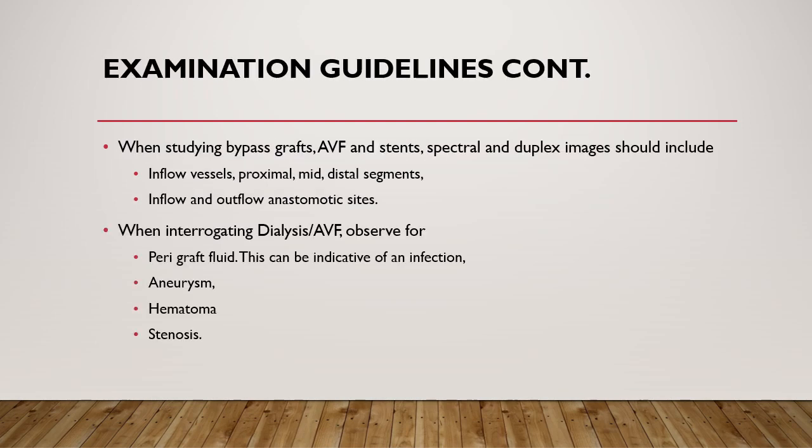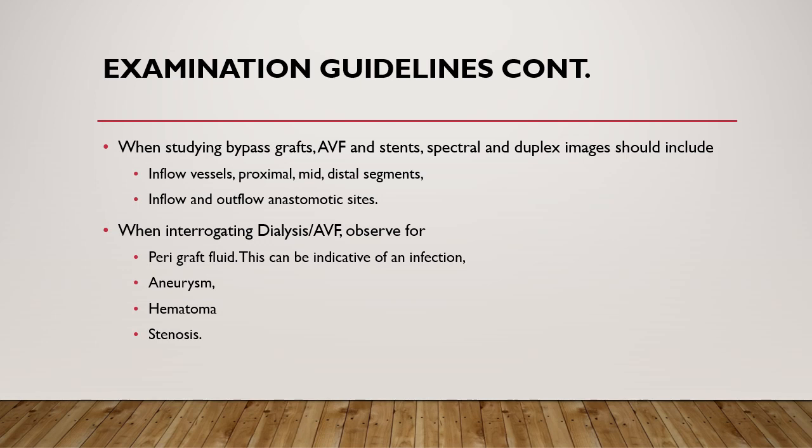When studying a bypass graft, AVF, and stents, spectral and duplex images should include inflow vessels, proximal, mid, and distal segments, inflow and outflow anastomosis sites. When interrogating the dialysis graft or fistula images, you want to make sure they don't have perigraft fluid, which can be indicative of an infection.